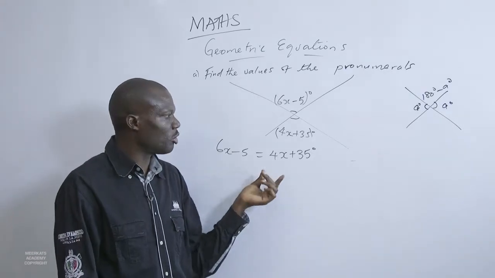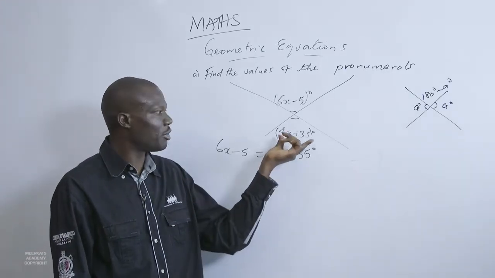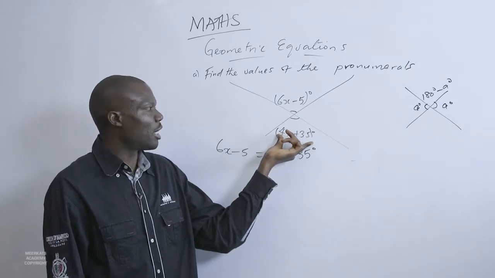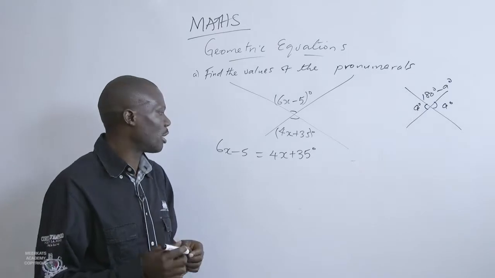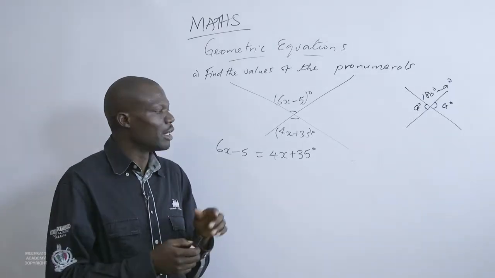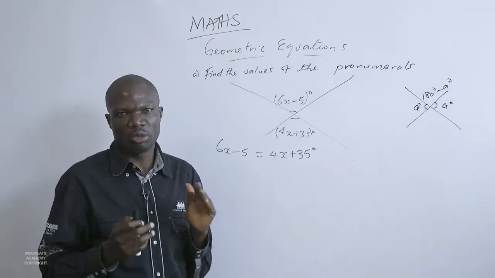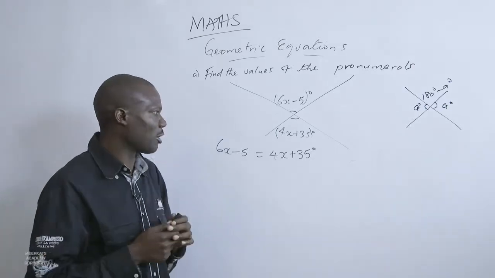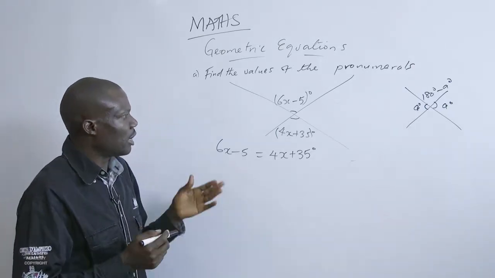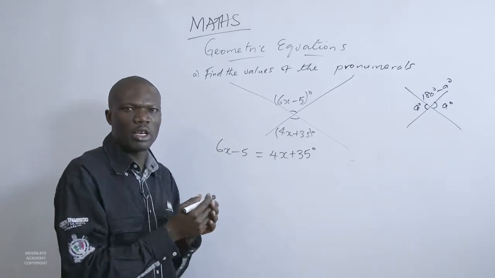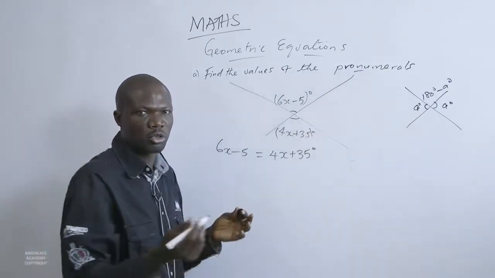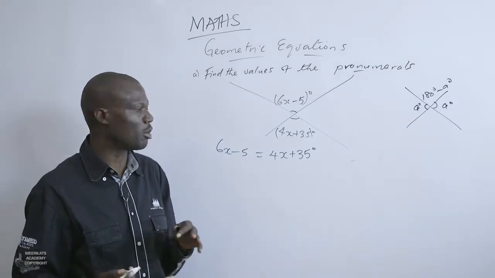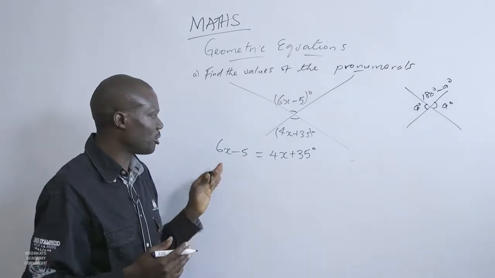This is true because 4x plus 35 is for the opposite angle of 6x minus 5. So this statement is true because these are opposite angles. And therefore, if we equate them, we can find the value of the pronumeral.